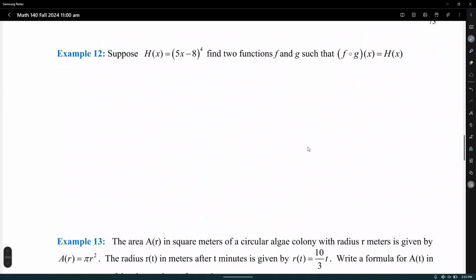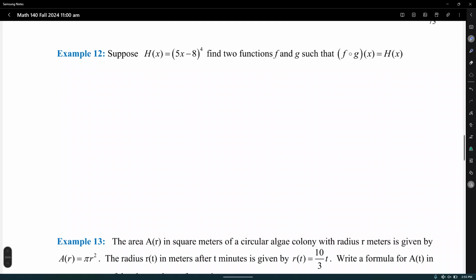So suppose h of x equals 5x minus 8 to the fourth power. Find two functions f and g such that f composite g of x equals this big h function. So what are we doing here? Well, this is basically the backwards type of problem that we have been doing.